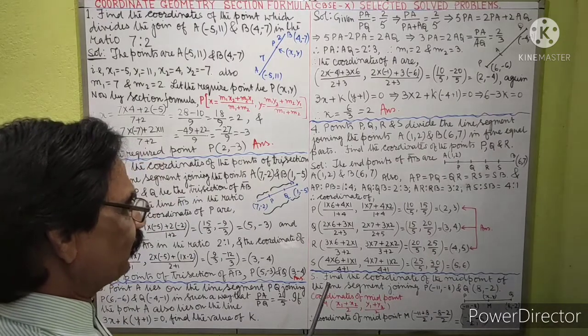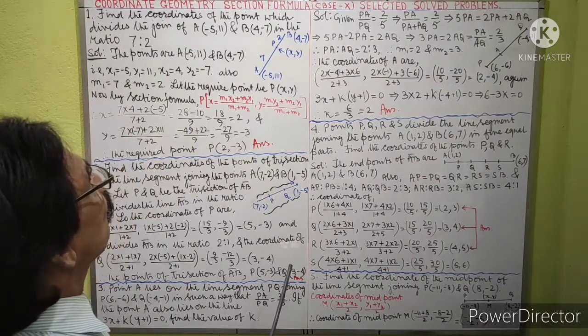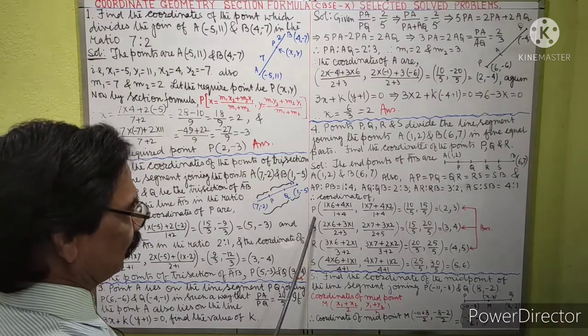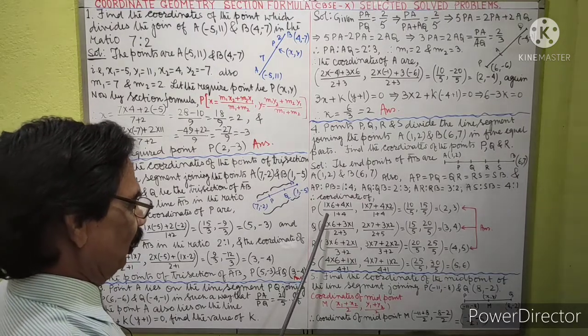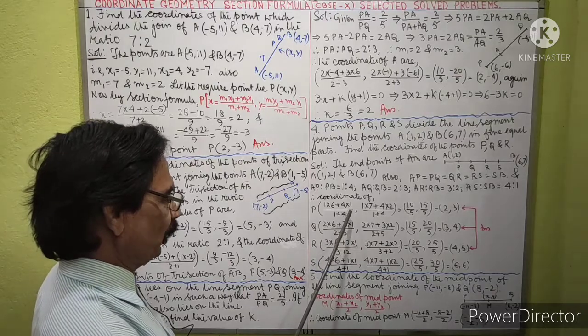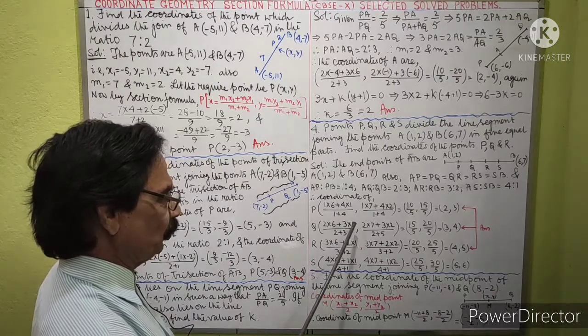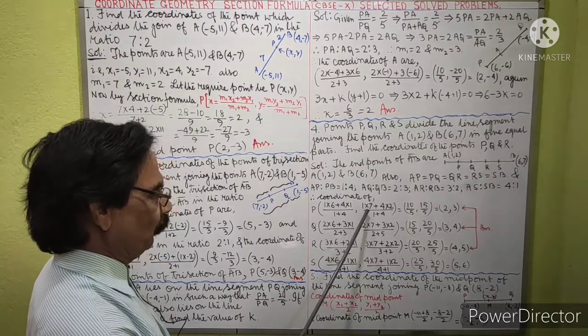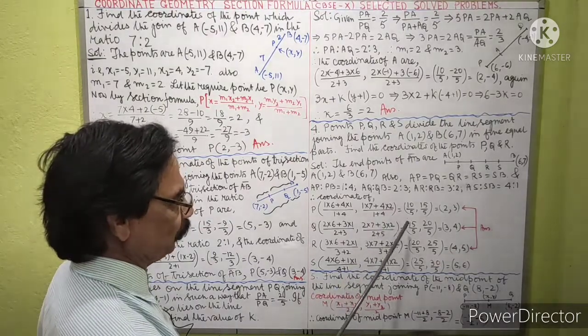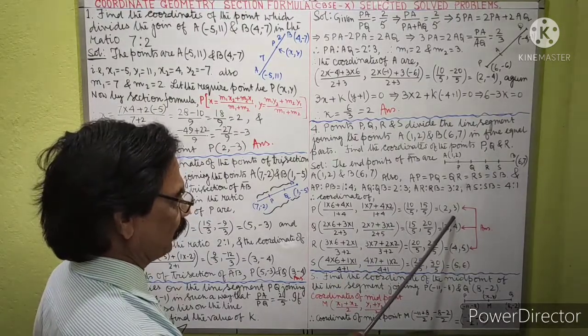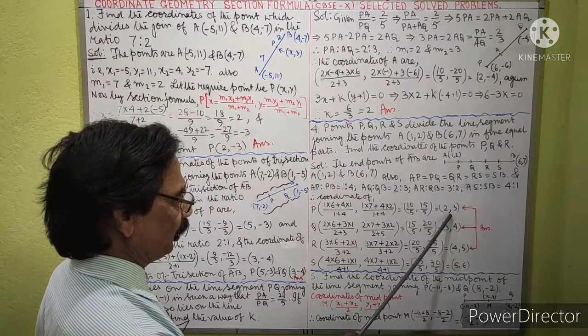Applying the section formula, we get the coordinate of P as (m1 x2 plus m2 x1) by (m1 plus m2), and (m1 y2 plus m2 y1) by (m1 plus m2), which is 2 and 3. This is the coordinate of P.